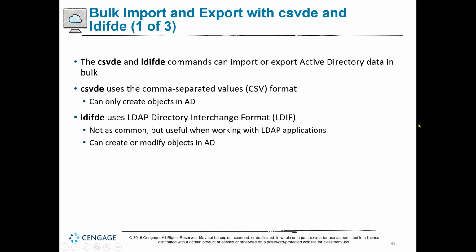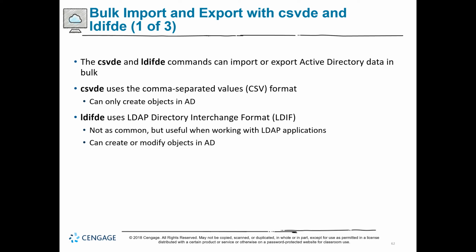Bulk import and export with CSVDE and LDIFDE. These commands can import and export Active Directory data in bulk. CSVDE uses the comma separated or CSV format, and you can only create objects in AD. LDIFDE uses LDAP Data Interchange Format or LDIF.